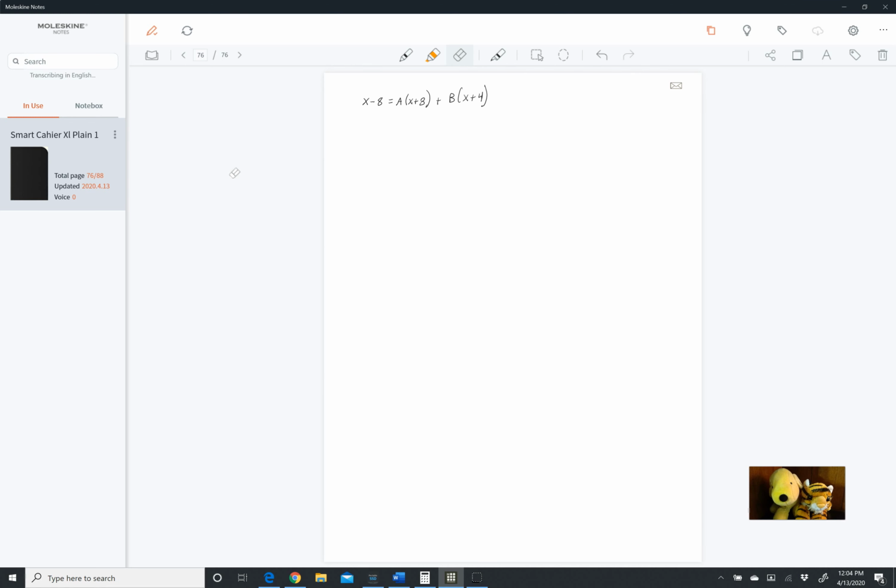So we have to think, okay, well, what values of x are we going to plug in? We want to make the a disappear first. It doesn't matter what you do first, but let's just do it this way because we read left to right. So to make the a disappear, we could plug in x equals -3. Essentially what you're doing is you're saying what is going to make x plus 3 equal to 0.